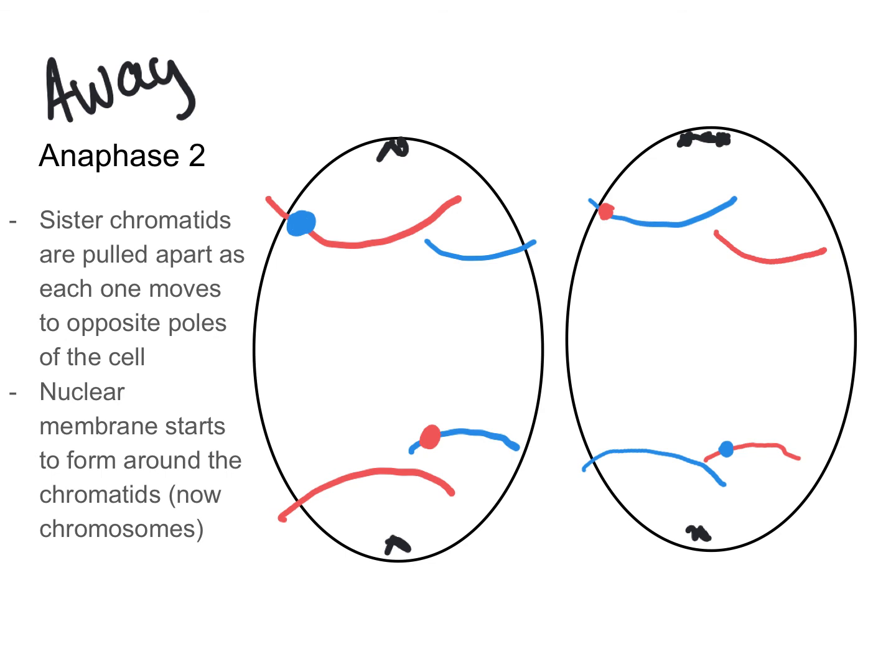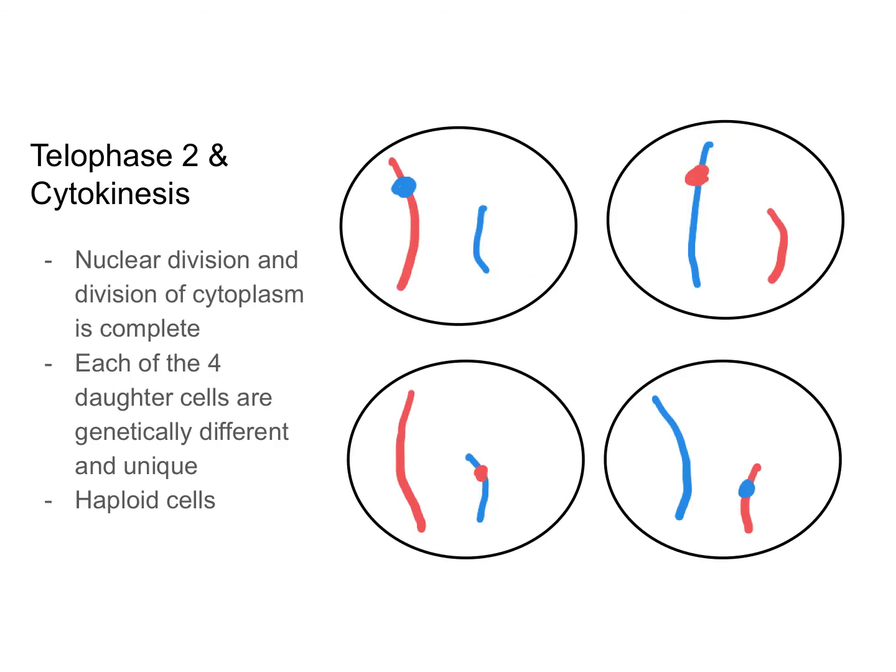Our duplicated genetic material is finally being separated. By the end of anaphase 2, we have the nuclear membrane starting to form around the chromosomes in the new cells. Our last stage of meiosis is telophase 2, followed by cytokinesis.